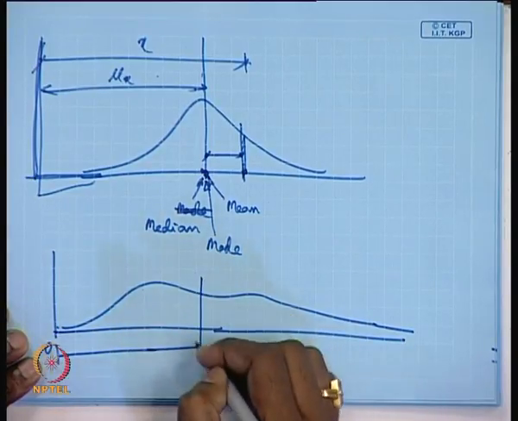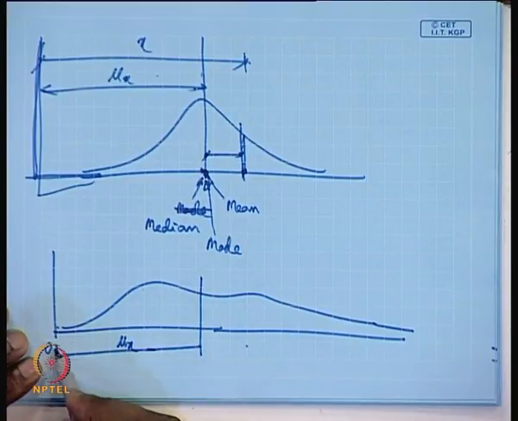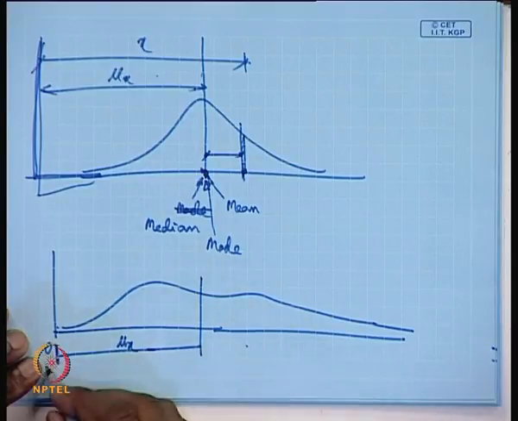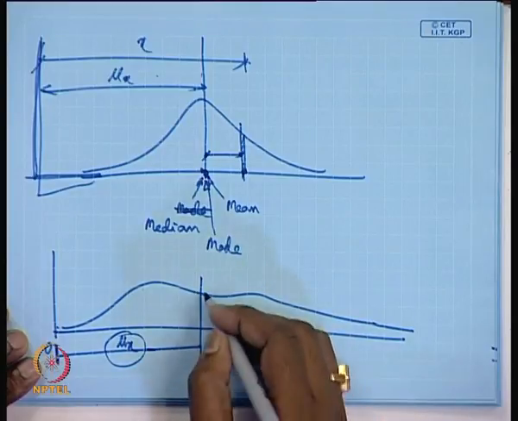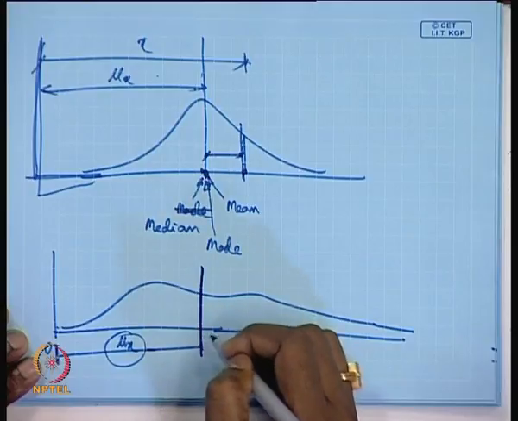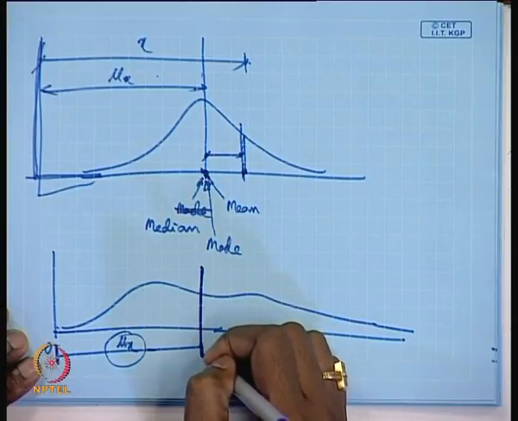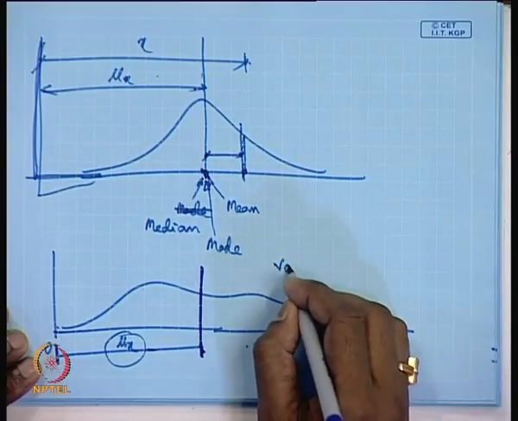This is basically your mu x, the moment with respect to the origin. Once we get the moment with respect to the origin, that means we are getting the value of the mean, and all other higher moments we calculate with respect to that mean. The first that we calculate is the second moment with respect to the mean, which is called the variance.